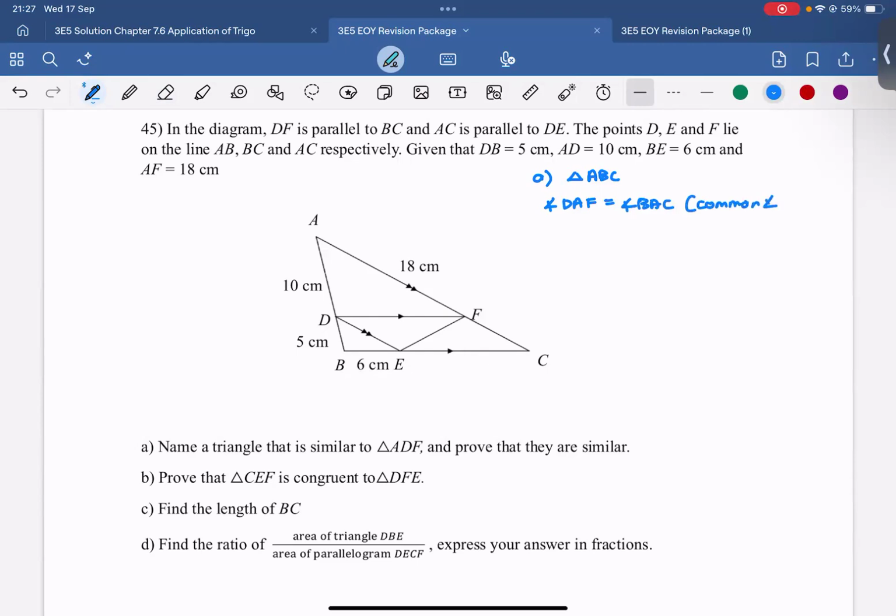Next, angle ADF equals angle ABC. Reason: corresponding angles, parallel lines. By AA, triangle ABC is similar to triangle ADF.